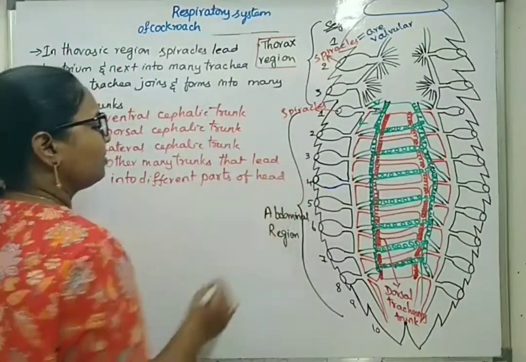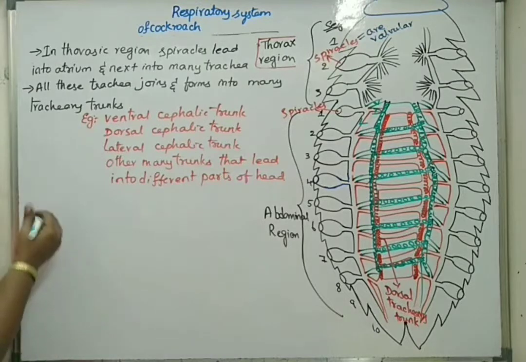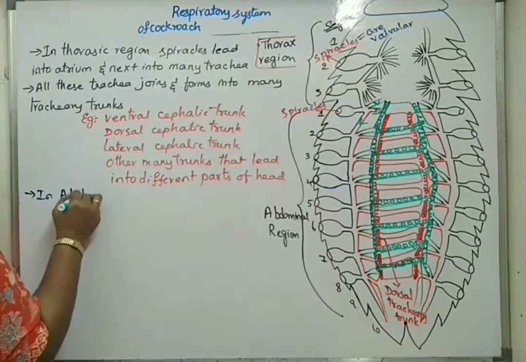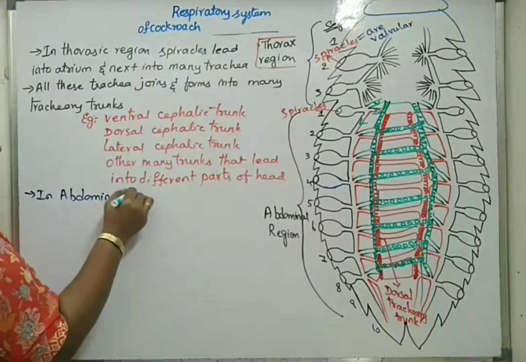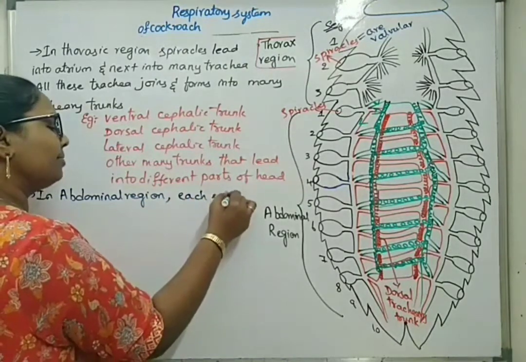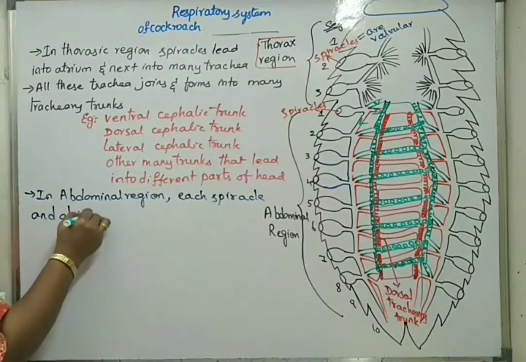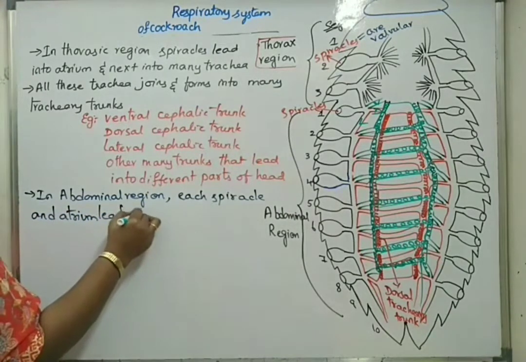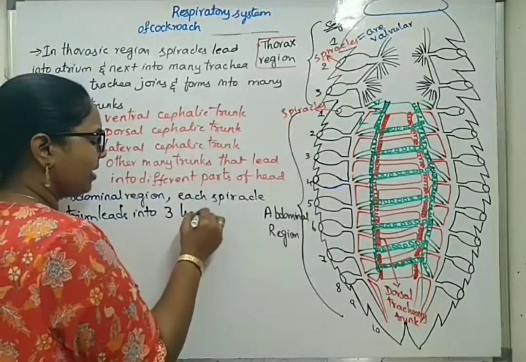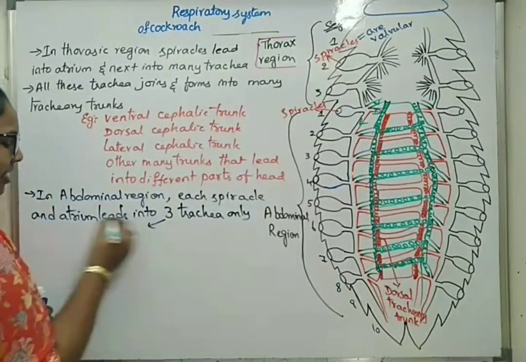Next, in the abdominal region, each spiracle and atrium leads into three branches only, three trachea only. What are those three? We'll see the names.